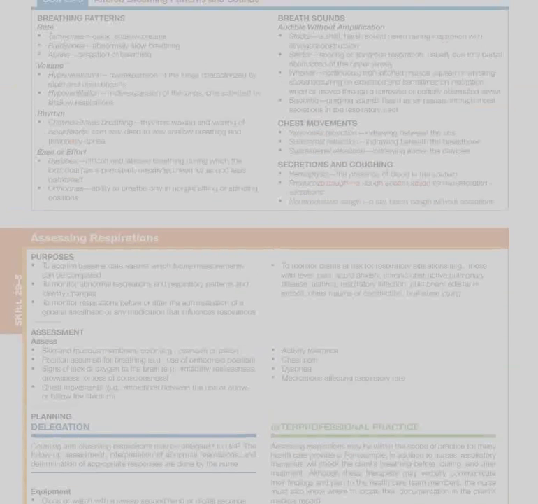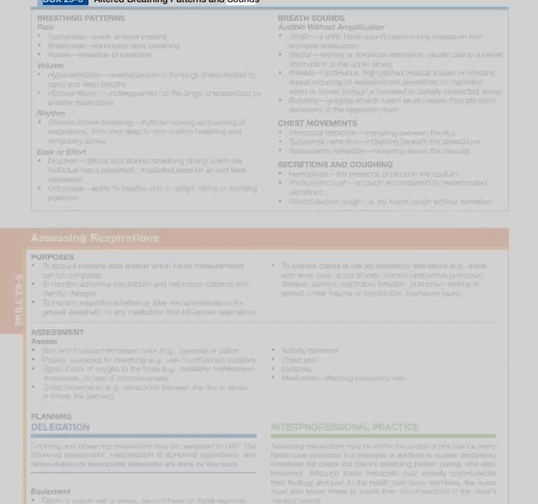Box 29-5, Altered Breathing Patterns and Sounds. Breathing patterns. Rate: tachypnea, quick, shallow breaths; bradypnea, abnormally slow breathing; apnea, cessation of breathing. Volume: hyperventilation, overexpansion of the lungs characterized by rapid and deep breaths; hypoventilation, underexpansion of the lungs, characterized by shallow respirations.